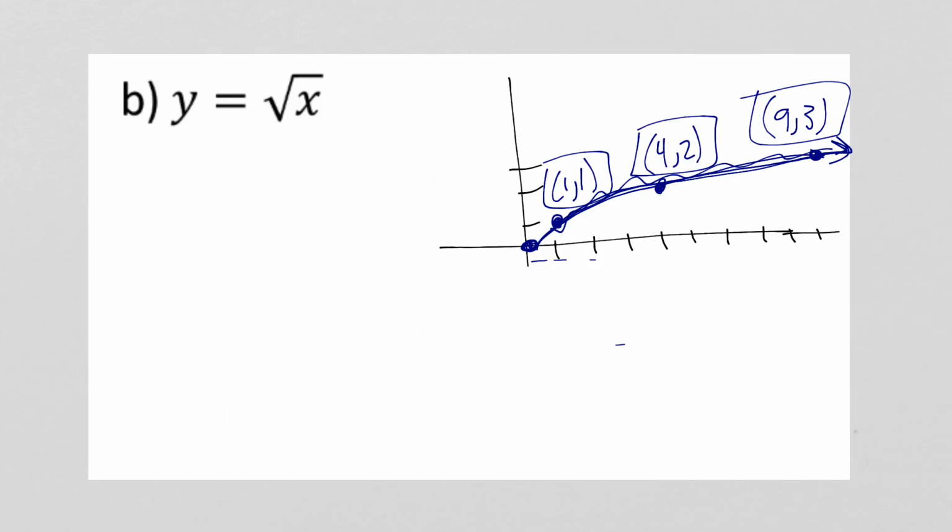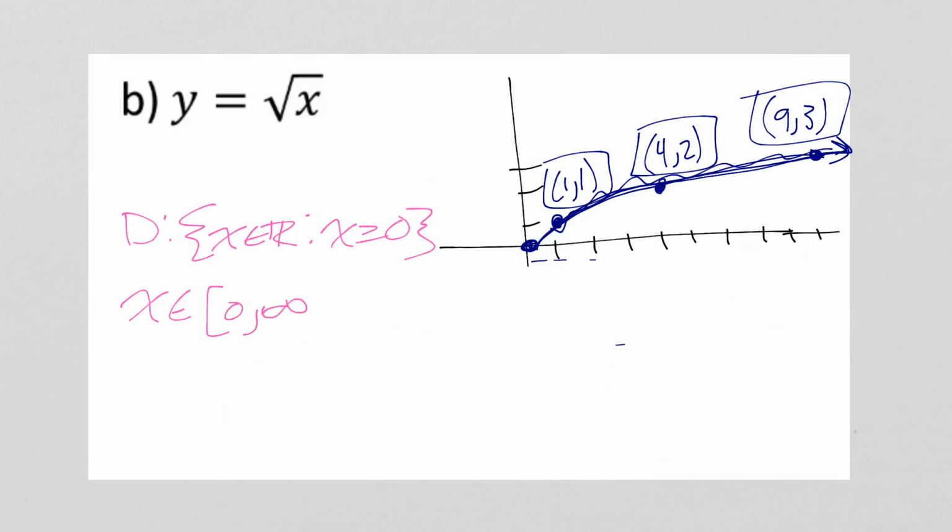So let's state our domain and range. So domain, remember we're talking x values, so x in the set of real numbers, such that x is greater than or equal to 0. In interval notation, x is in the interval from 0 up to positive infinity with a parenthesis.